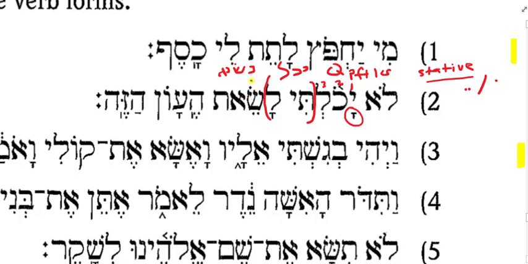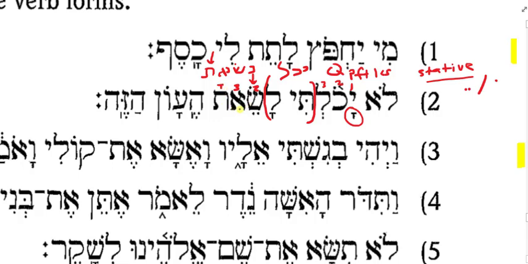Yes. If the noon of nasa undergoes aphoresis and falls out, in the infinitive construct, what falls like manna from heaven? A tav, right? So you see how I have possibly roots 2, 3, and then the tav, right?